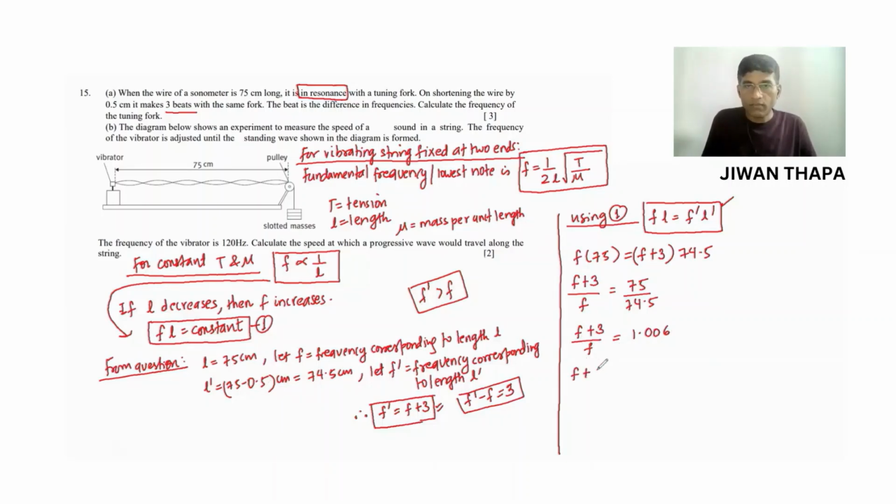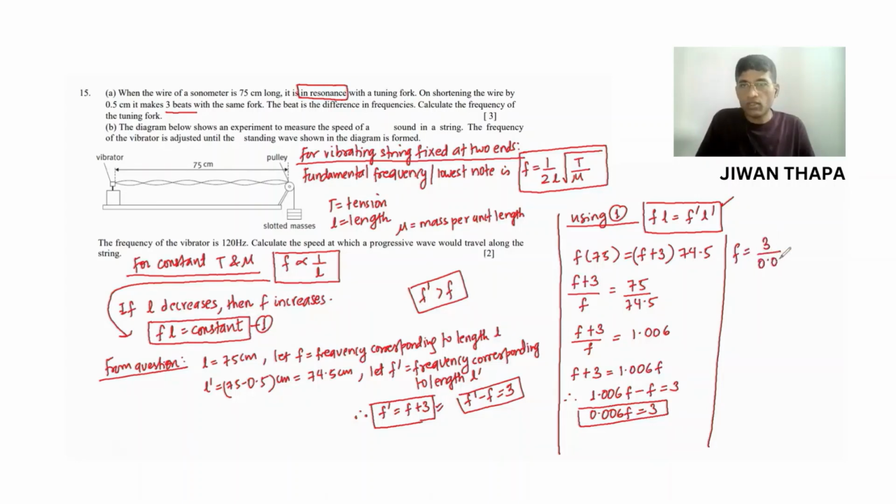So f plus 3 equals 1.006 times f. Therefore, we can write 1.006 f minus f equals 3. So we get 0.006 f equals 3. Now f equals 3 divided by 0.006.